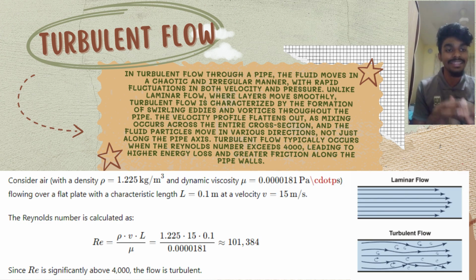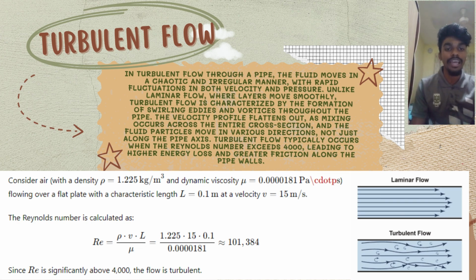The velocity profile flattens out as mixing occurs across the entire cross section, and the fluid particles move in various directions, not just along the pipe axis. Turbulent flow typically occurs when the Reynolds number exceeds 4000, leading to higher energy loss and greater friction along the pipe walls.